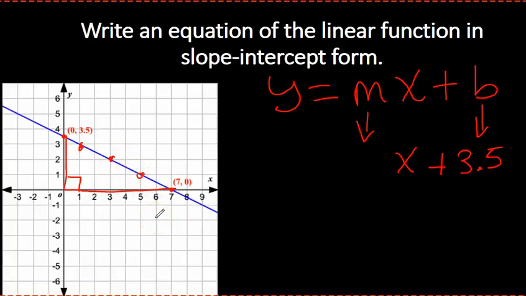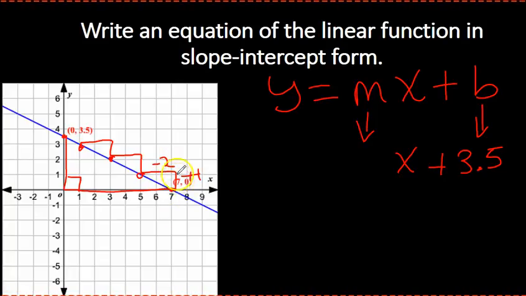So from here we go up 1, left 2. Up 1, left 2, up 1, left 2. Each of these moves connects to the line. So going up is positive 1 and going left is negative 2.